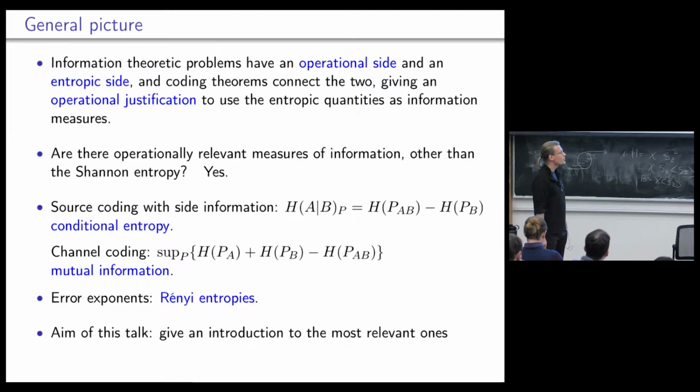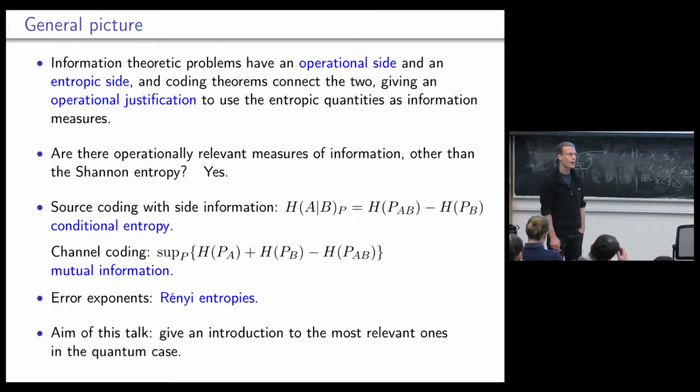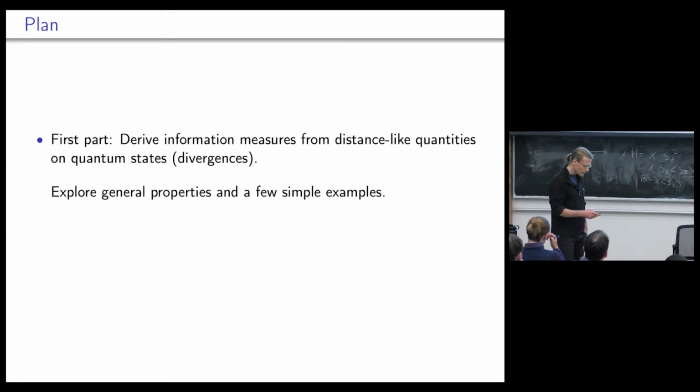And the aim of this talk will be to give an introduction to the most relevant ones of these information measures. And obviously, we are interested in the quantum case. Okay. So this is the warm-up. This is the philosophy behind, or my philosophy behind studying these entropic quantities, which I think is the main philosophy of Shannon theory also. Okay.